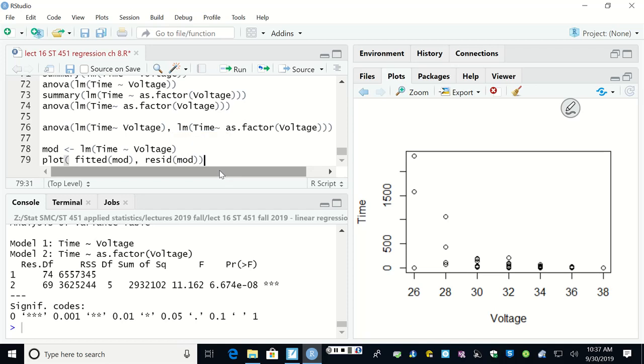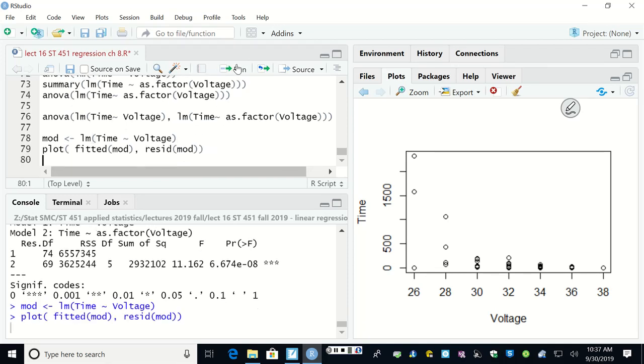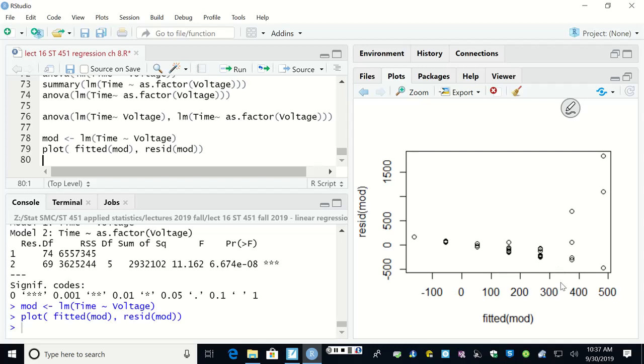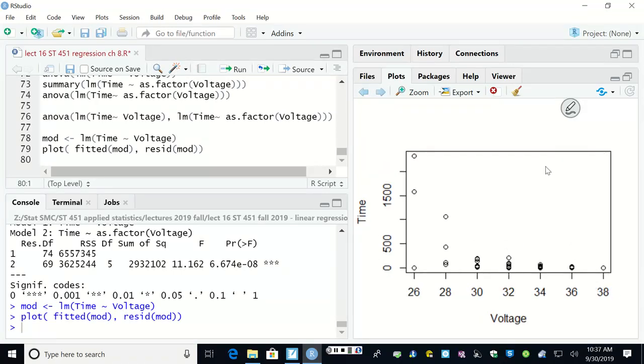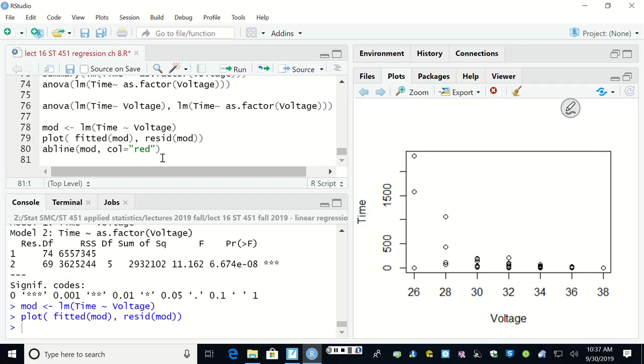If I do the residual plot for that one, you will find a pretty funny residual pattern, right? It's kind of sloping down, and then it goes really big. And it's doing that because when it tries to fit this, maybe I'll make the line red so it stands out.